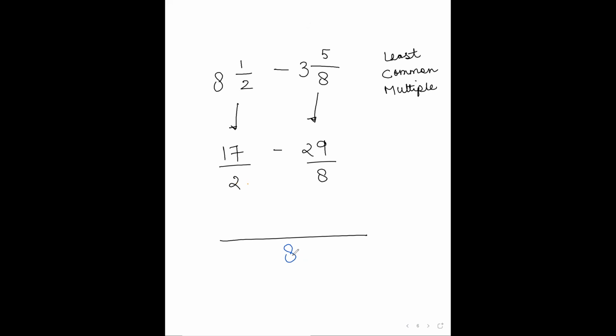Okay, so the LCM will be 8. Yes. Can you proceed further? What will we do about the first fraction, 17 by 2? It will be 17 multiplied by 4. Very good. And that is?